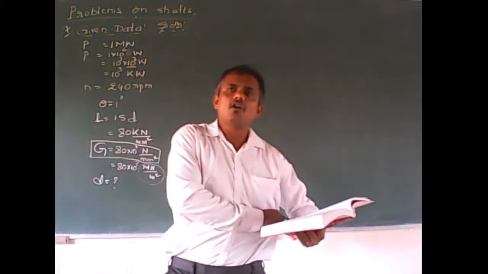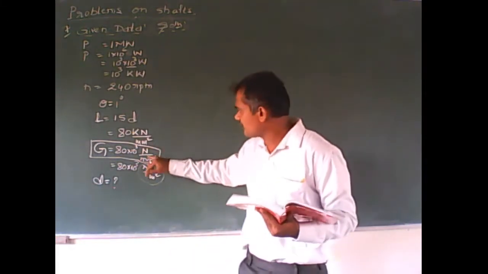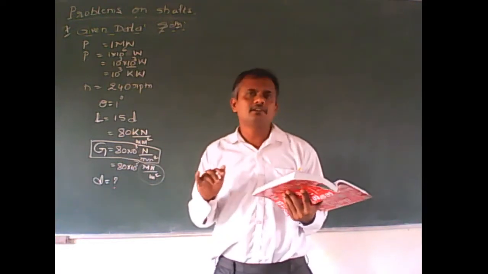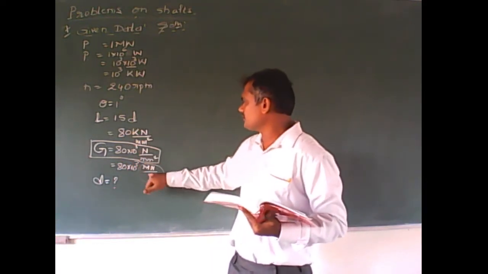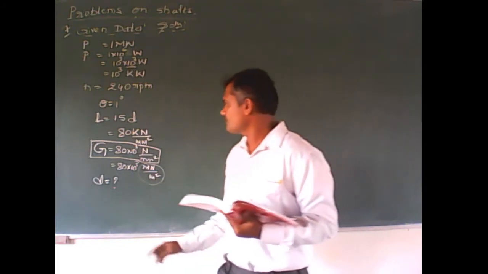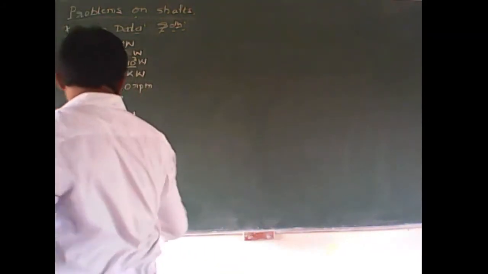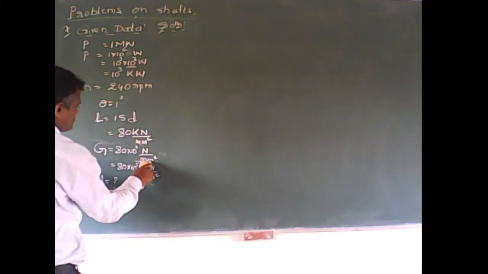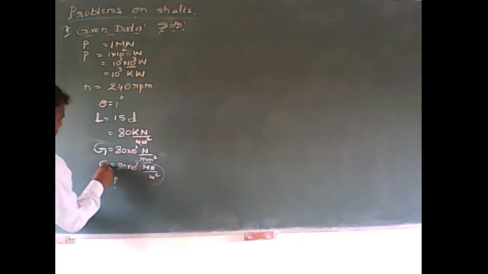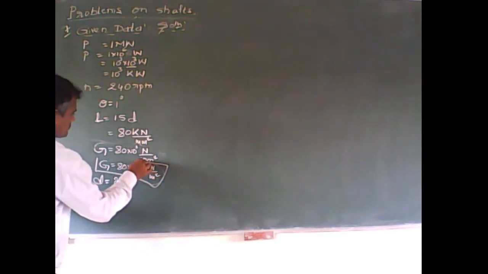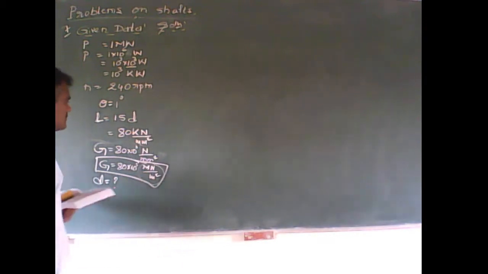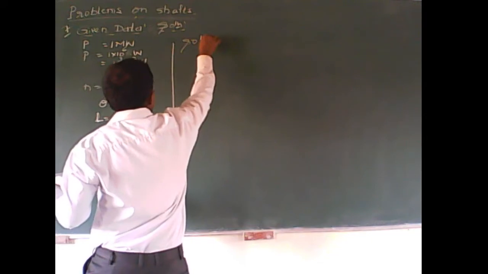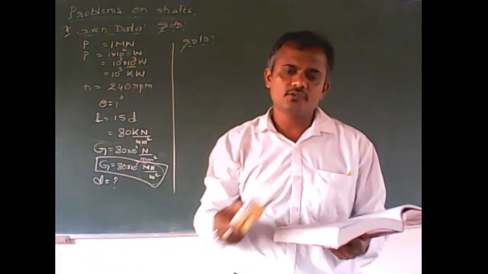Since all the units are in mega Newton per meter square, I would like to take this G in terms of mega Newton per meter square. So G is equal to 10 raised to 3.